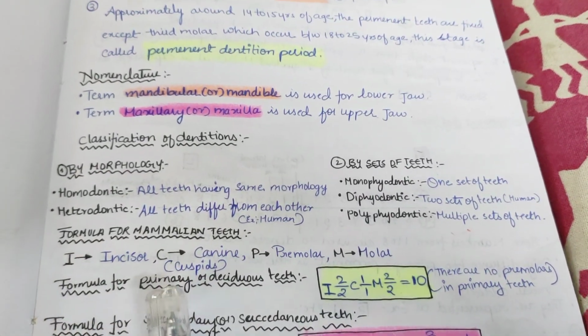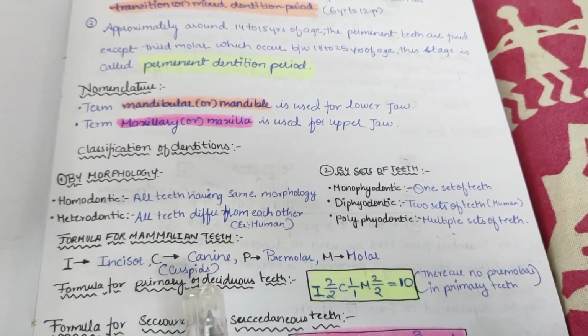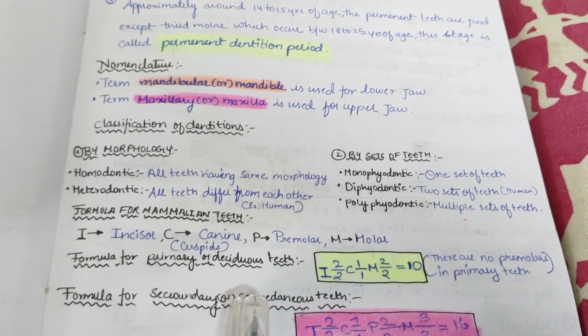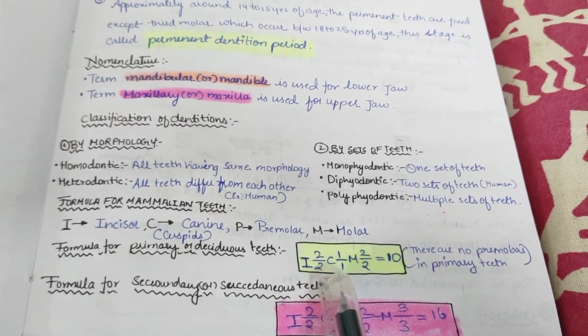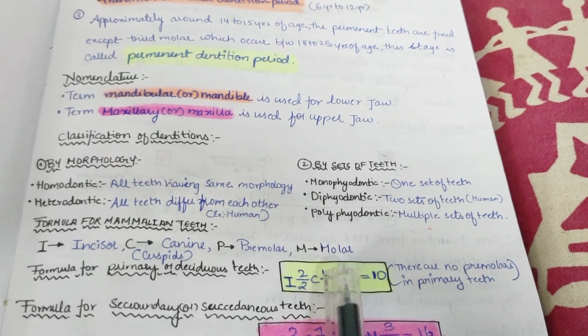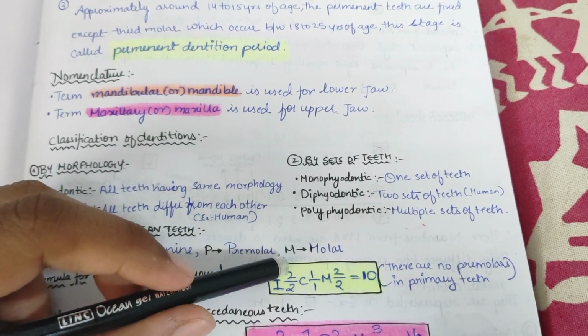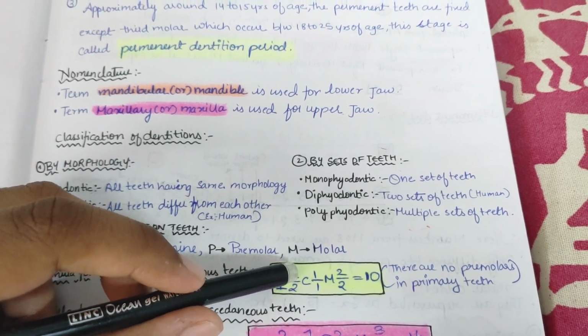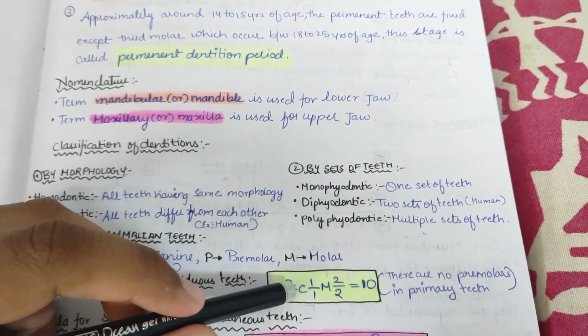Now the formula for primary or deciduous teeth. As we know, the total number of teeth in primary teeth or deciduous teeth is 20. So the formula is like this: incisors 2 by 2. Here we write 2 by 2 because we have two incisors in the upper jaw or maxilla, and two incisors in the lower jaw or mandible.